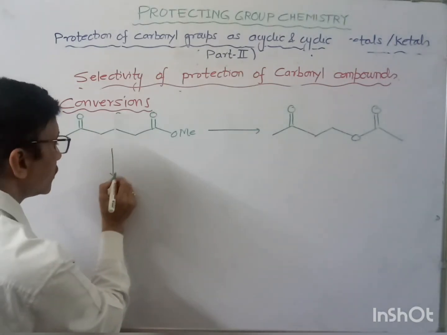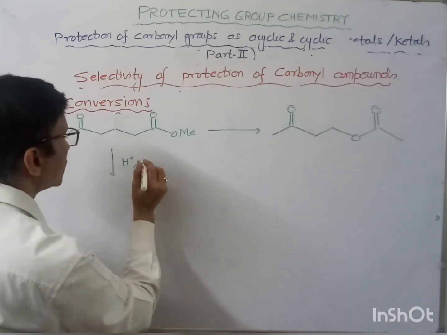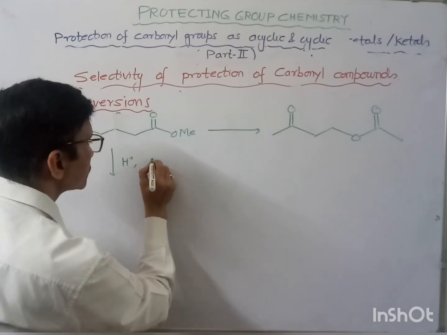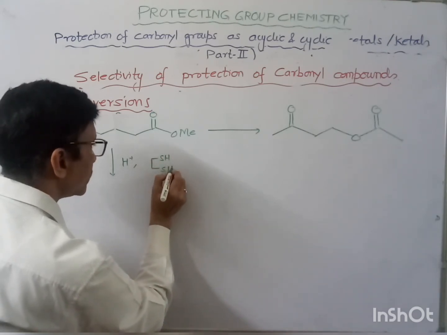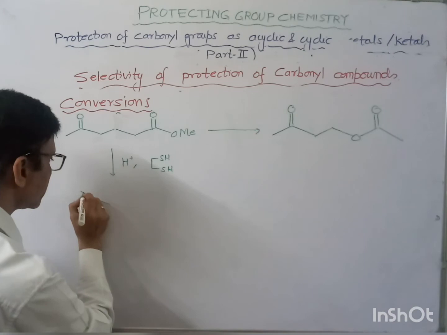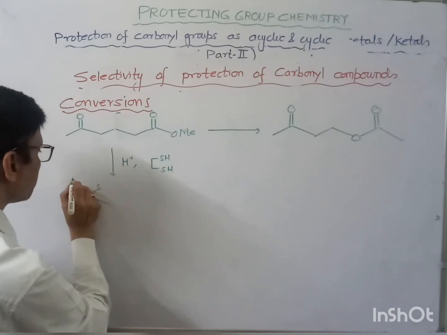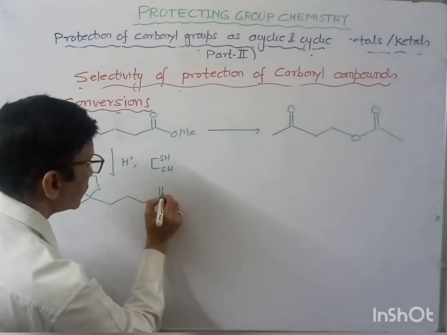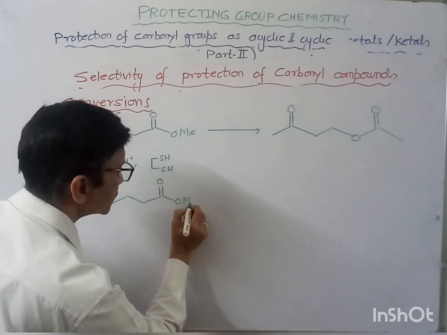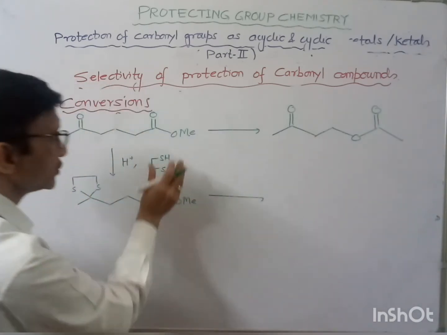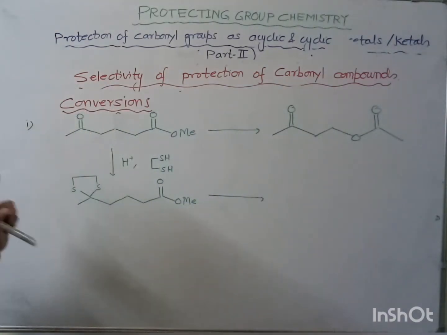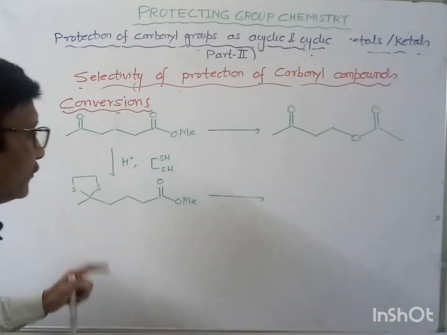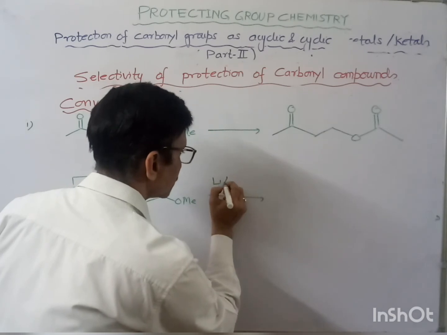So first of all we will protect this one using, suppose, 1,2-dithiol, and that will get protected. The ester will remain as such because it is less reactive, and this is more reactive.